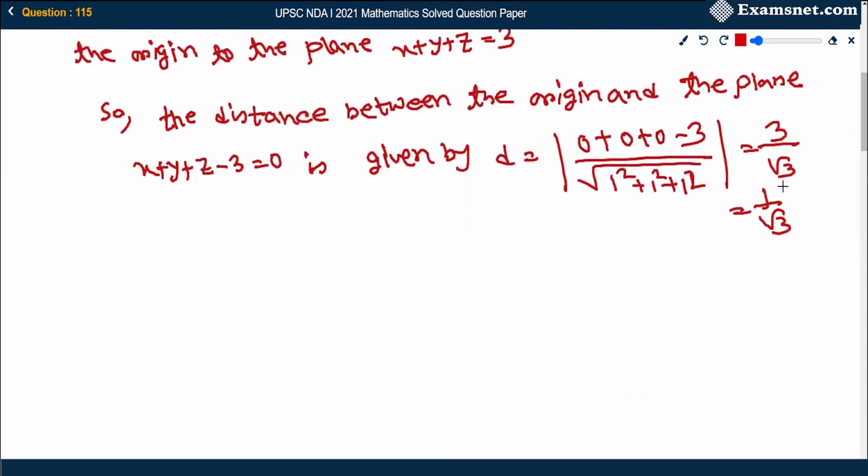Okay, so it will be not 1 by root 3, sorry, it will be root 3 only.